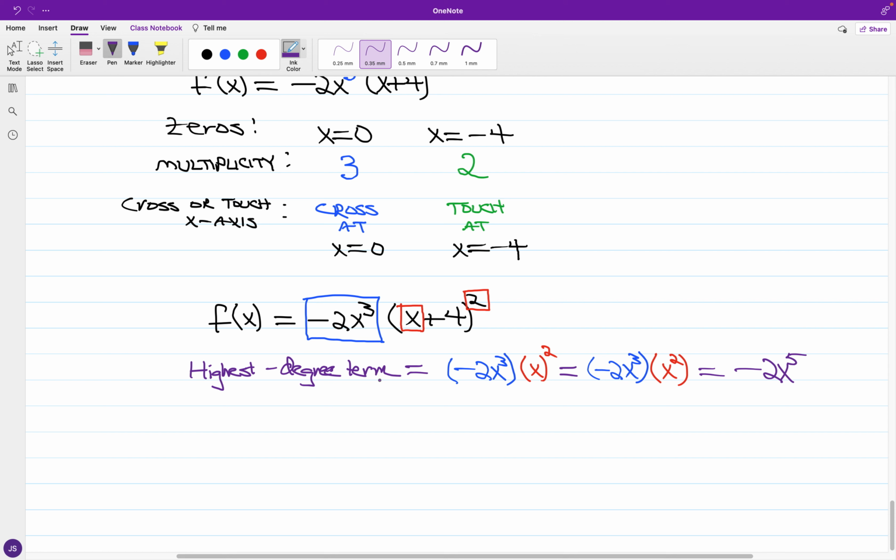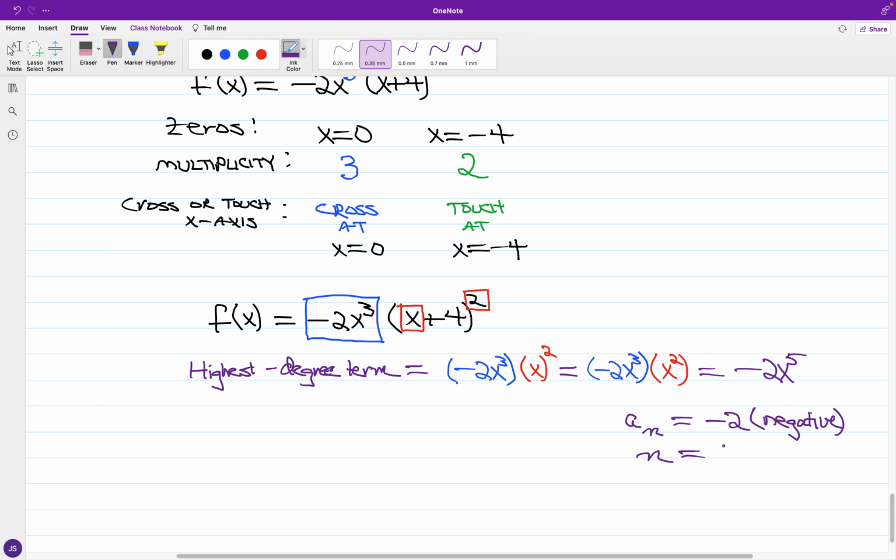So I was able to determine this relatively quickly, as opposed to having to do all the excess FOILing out and all that stuff. Okay, so you got your highest degree term. So for the leading coefficient, or the coefficient of the highest order term, we have minus 2, which had to be negative.